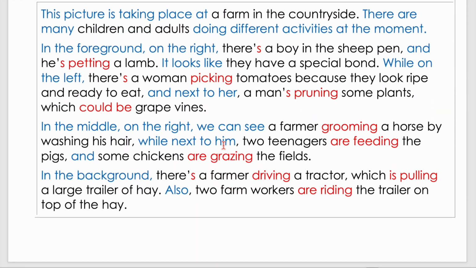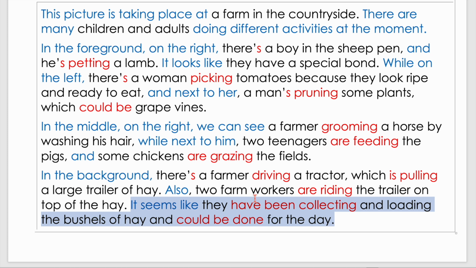Very descriptive. And I, okay, I'm going to use it seems like again. That's good. It seems like they have been collecting and loading the bushels of hay and could be done for the day. There's the strongest sentence that we have in this example.